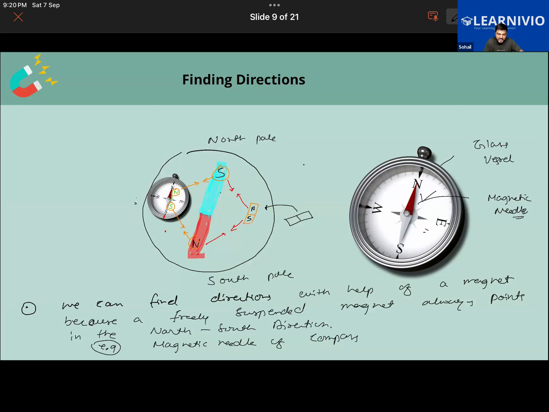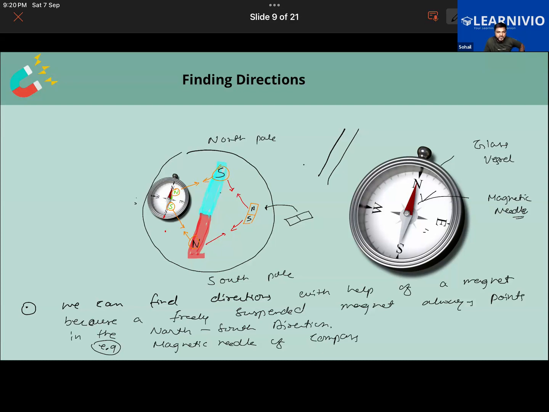Like if there is a piece of iron object here, it might get attracted towards that, so there will be an error in finding the direction. Getting it now? So it is kept in this glass vessel to protect it from any external magnetic interference. That is the thing here. Okay, so hope you guys have got this.